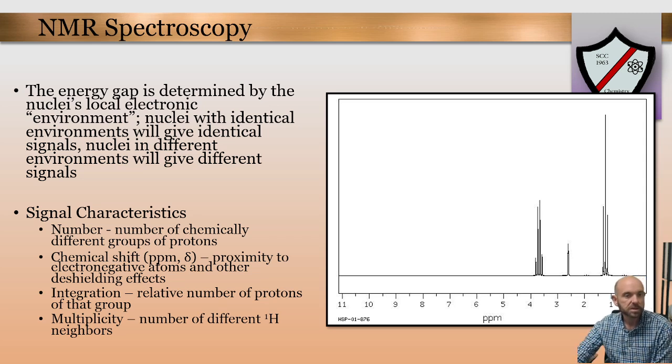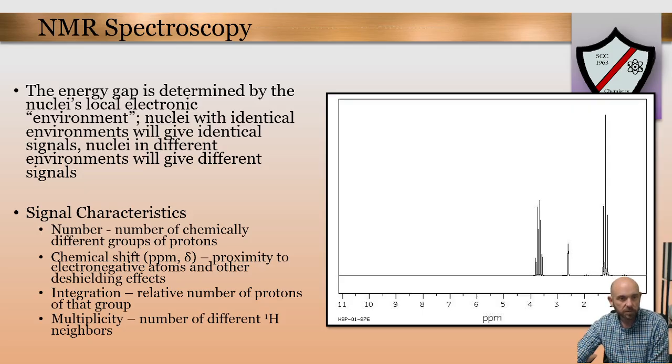The integration, the area underneath each of these signals for you calculus lovers, tells me the relative number of protons of that particular signal. And the multiplicity, the individual jaggedness you see of these signals, tells me something about the neighbors of each of the protons.